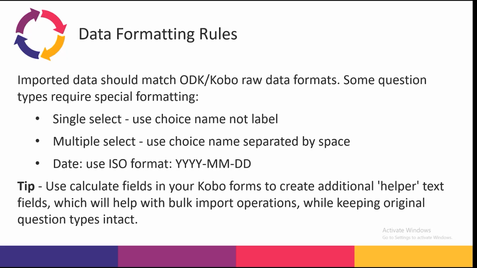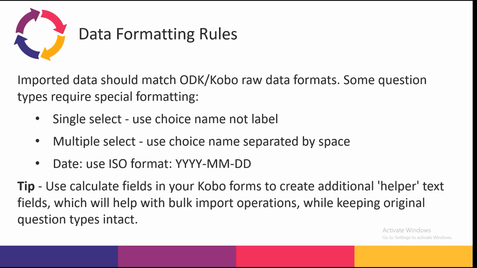And just a tip here, which can be very useful for this process, is that when you're creating Kobo forms, you can use calculate fields to create essentially helper text fields. So this really helps with bulk import operations, and it also keeps the original question types intact. So that can be very simple. Essentially, you might have one field.